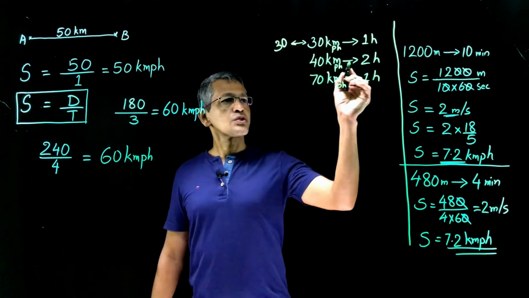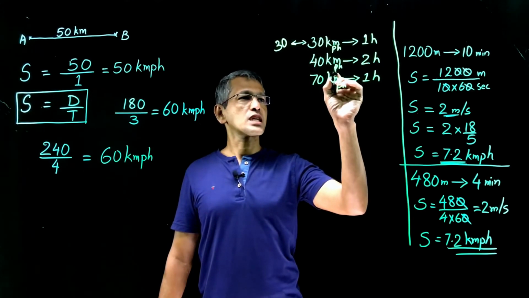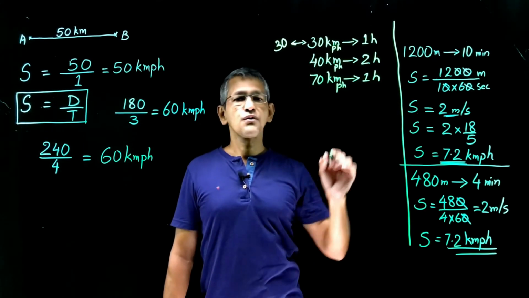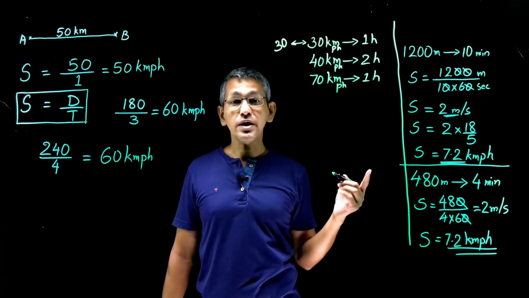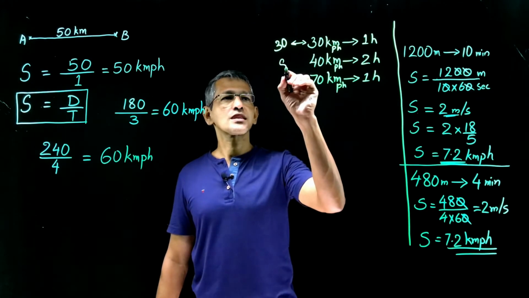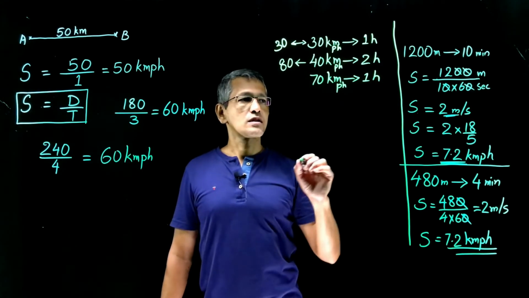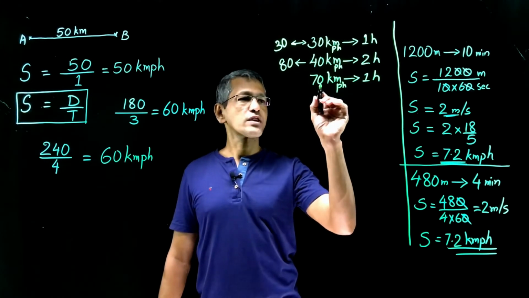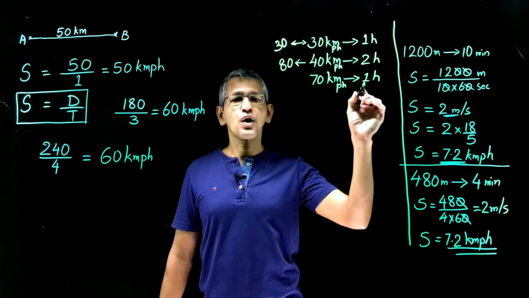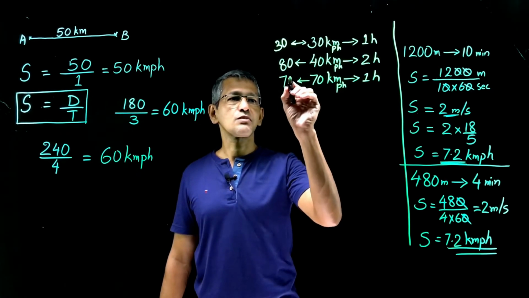So he drove at the speed of 40 kilometers per hour for 2 hours. If it is for 2 hours, that must be 80 kilometers. So the distance he has covered is 80 kilometers in 2 hours. Now, next one. So he drove at a speed of 70 kilometers per hour for 1 hour. So he must have covered a distance of 70 kilometers.